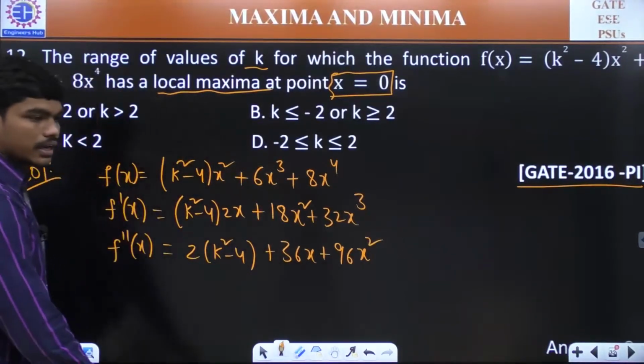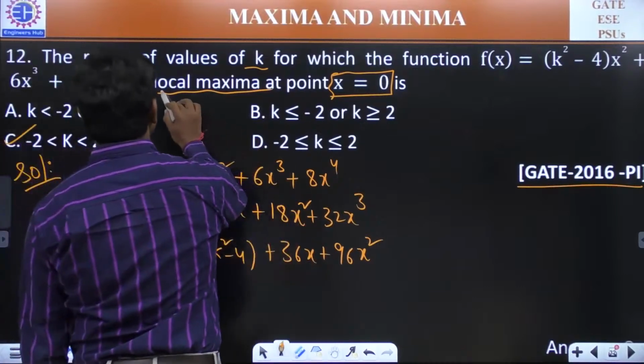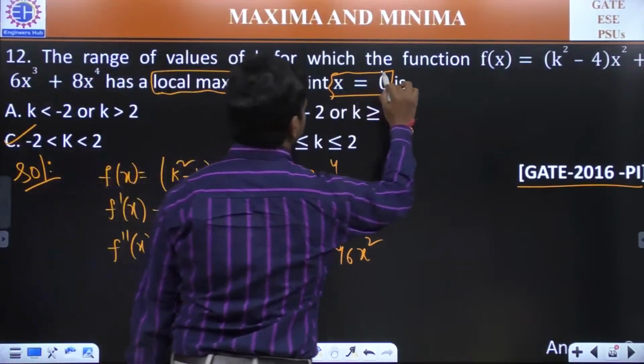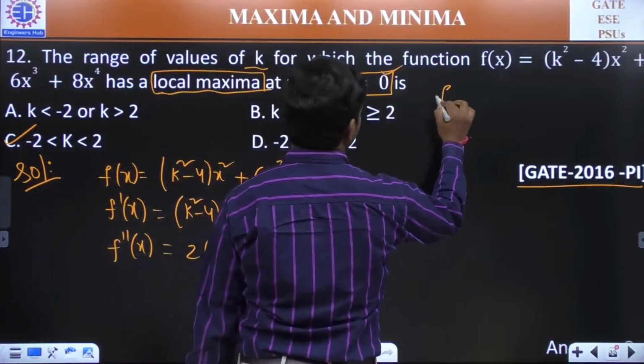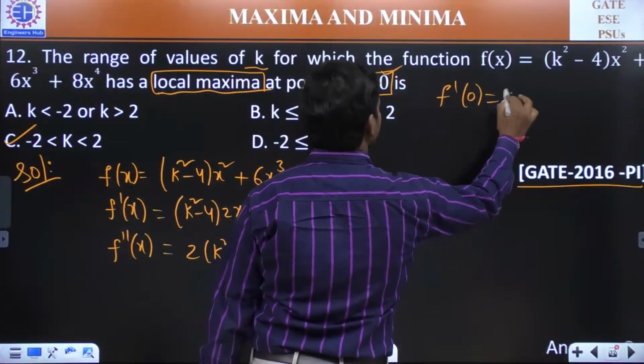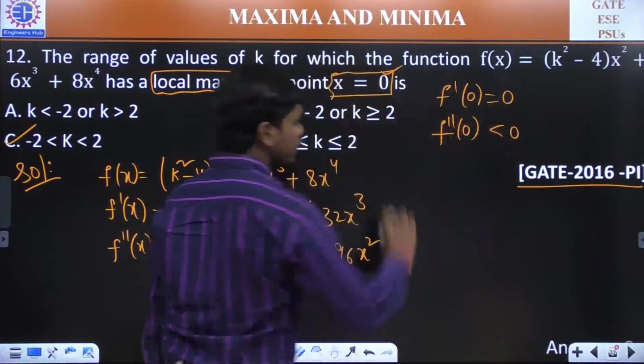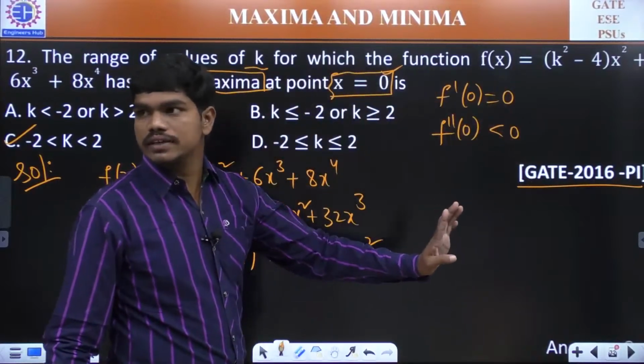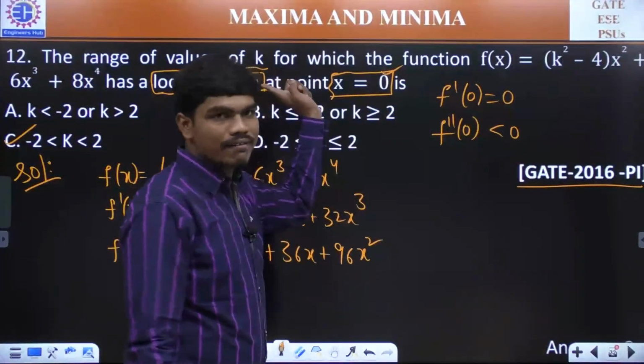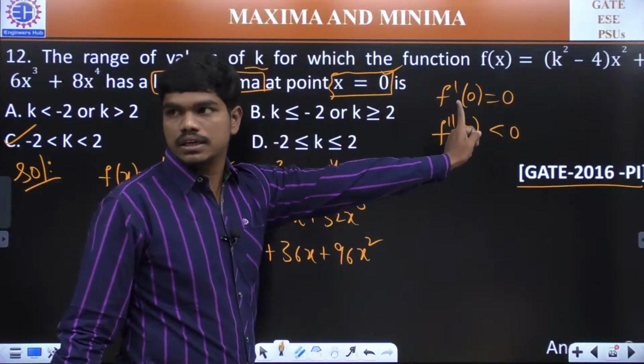This is what you have. Correct? Now, if you want to have a local maxima at the point x equals 0, first of all, f dash of 0 should be 0 and f double dash of 0 should be less than 0. Correct? Will you all agree with me? Because in the question it's given, definitely this function should have a local maxima at the point x equals 0.